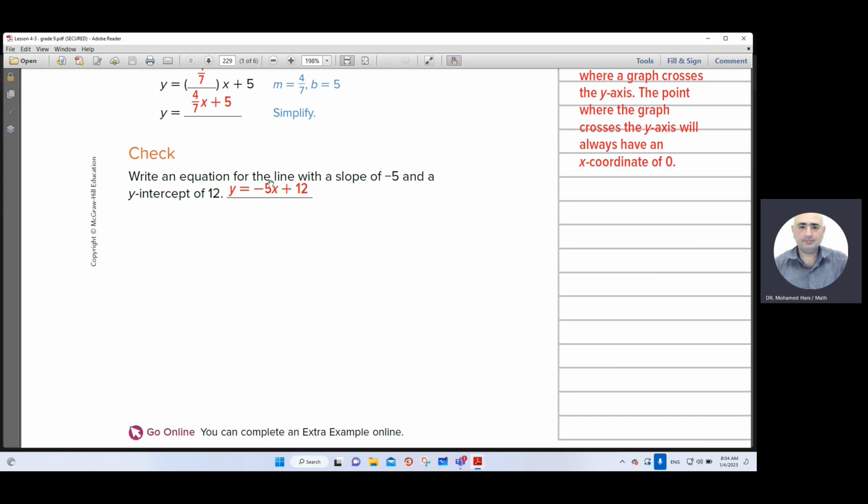Write an equation for the line with a slope of -5 and y-intercept of 12.